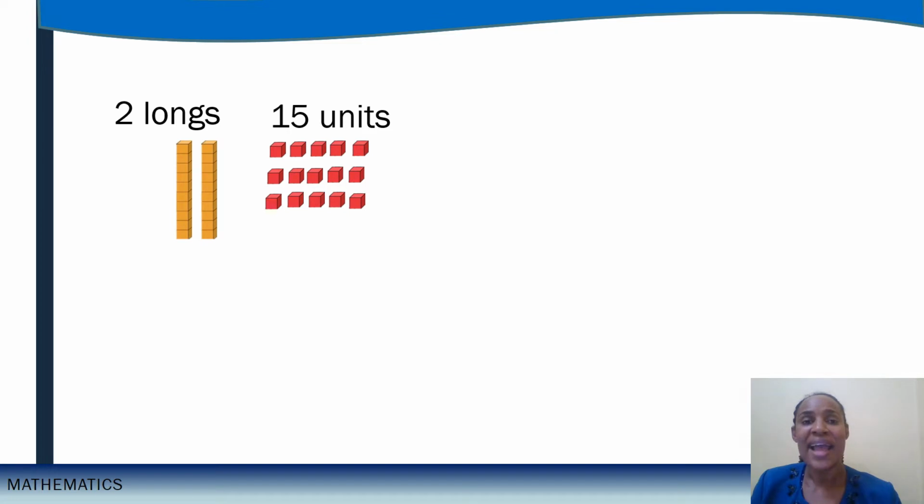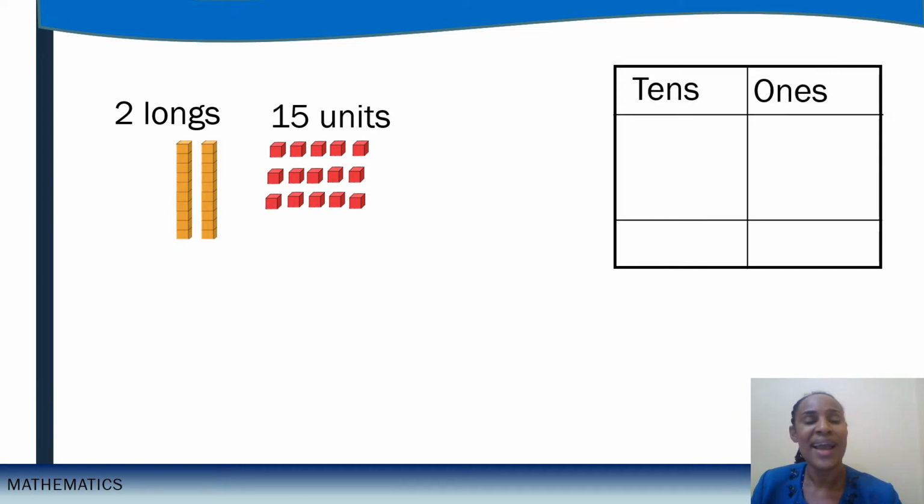To help us identify the number, we will use a place value mat. On our place value mat, we will write tens and ones because we're using longs and units. What do you think the value of 2 longs is, boys and girls? Great!